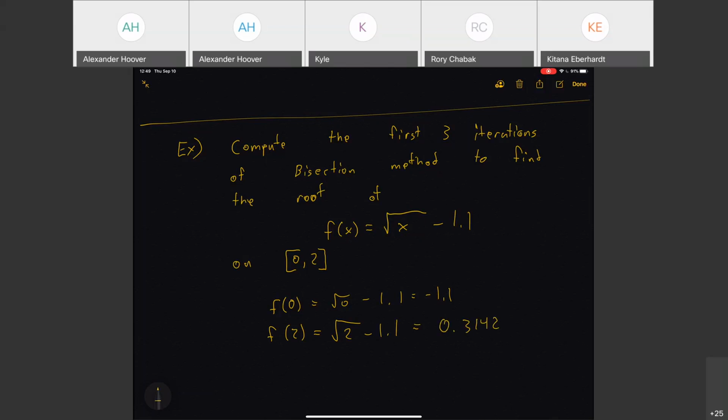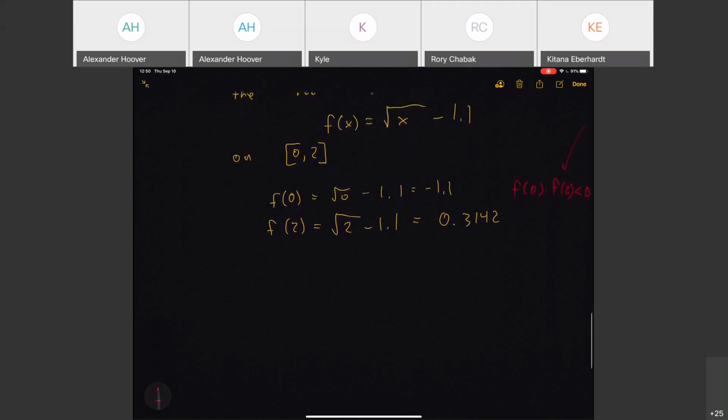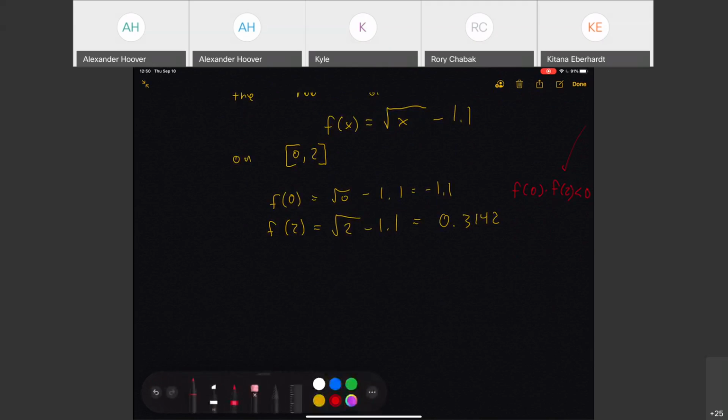So we pass our check of making sure that f of 0 and f of 2 have a product less than 0. Let's call this a check.